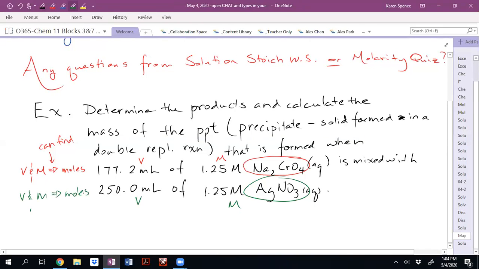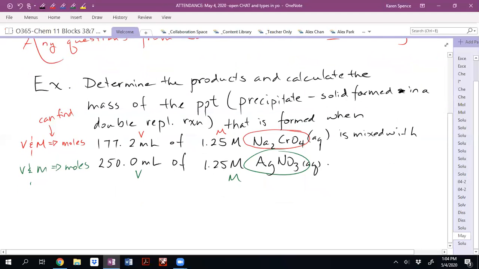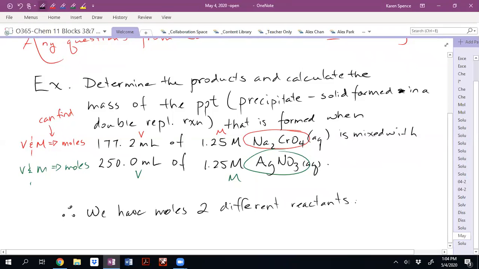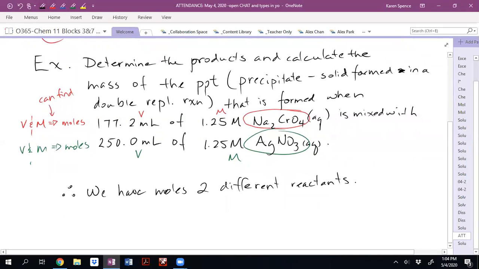And what that means is we're going to be able to find moles of two different reactants, or at least we can find it with a little calculation. If we have moles of two different reactants, what kind of problem is this?